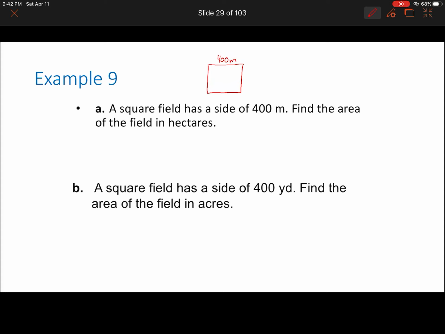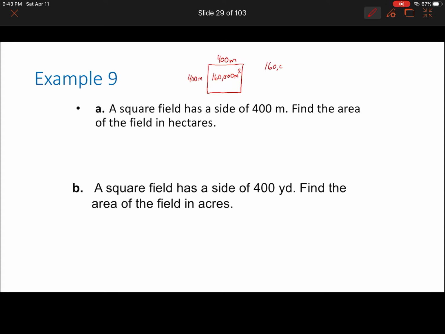So the area in meters squared would be 400 times 400, which is 160,000 meters squared.